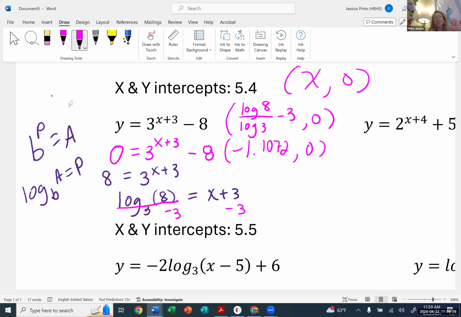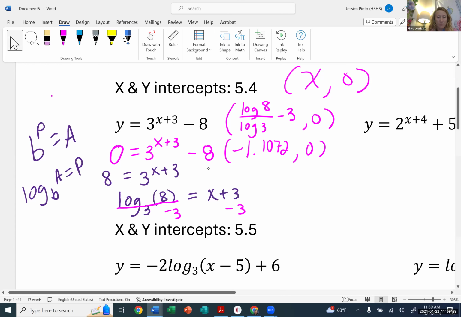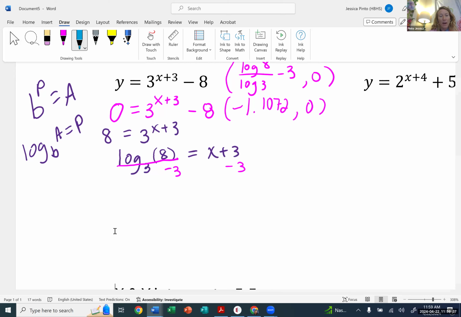Nice. So then for the y-intercept, let's switch over to purple. And we'll go to blue for the y-intercept. So all of that was just the x-intercept. In that case, our y-intercept, we're going to start with the same problem. You're going to love the y-intercept. We keep y. It's 3, 0 plus 3 minus 8.